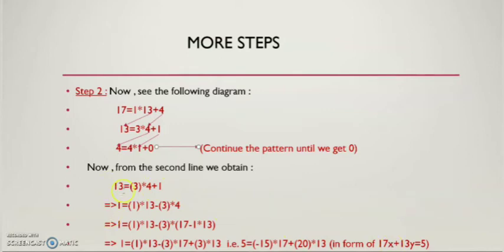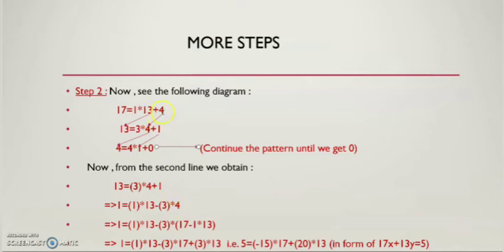Here I have already transferred this 3 into 4 to the left hand side at first. After that, 13 already exists, so I have to import 17, but here is 4, there is not 17. So I have to replace 4 by 17.